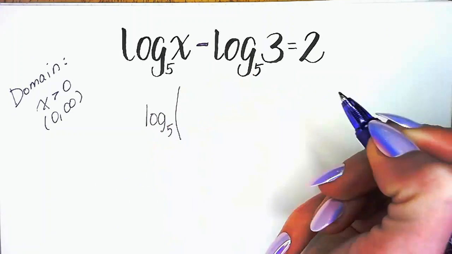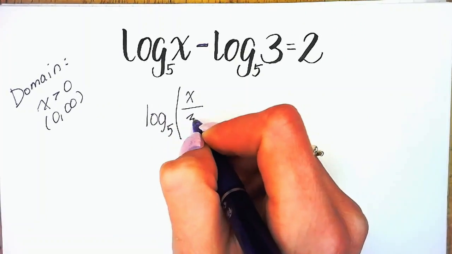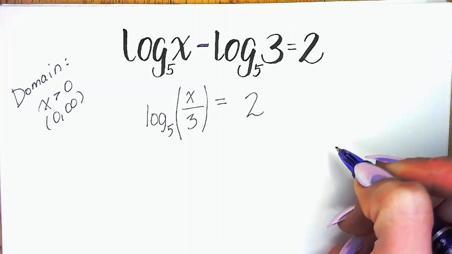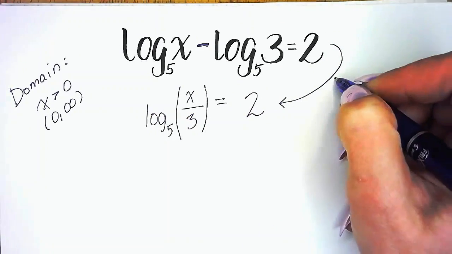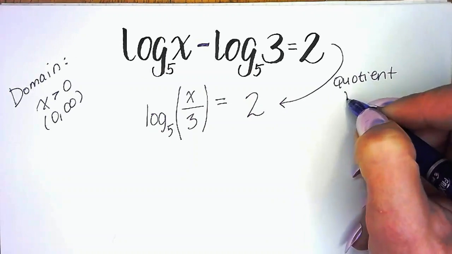We can use the quotient property. This will become the log base 5 of x over 3. It's still equal to 2. So all we did was implement quotient property.